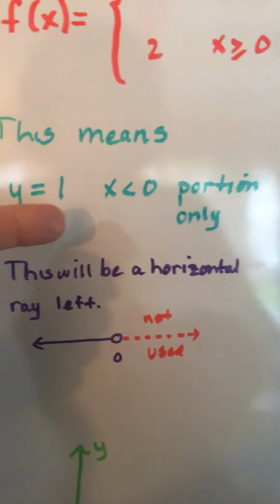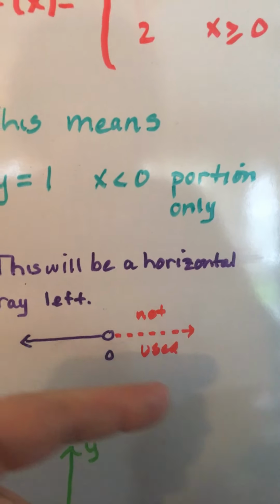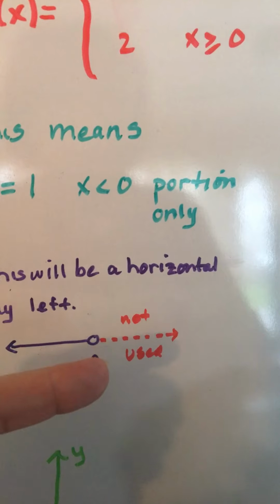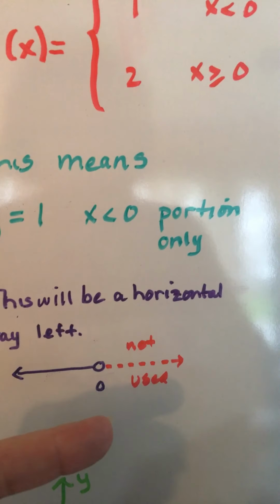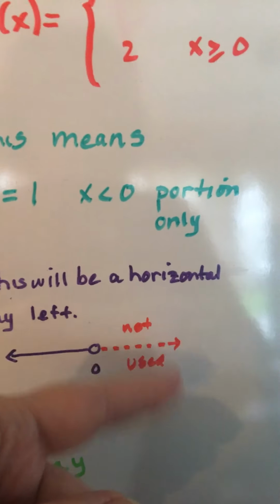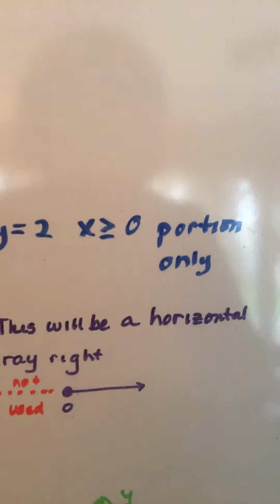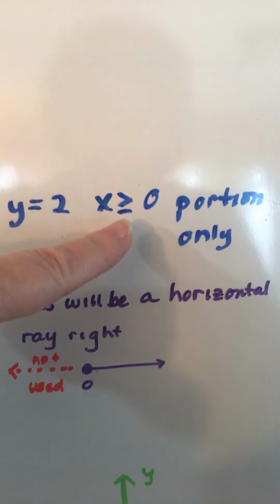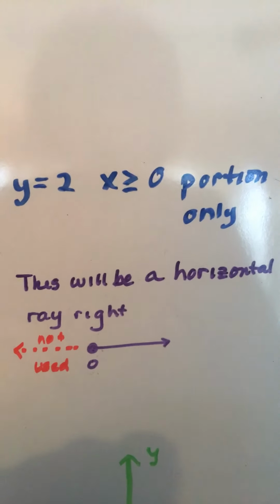And I know y equals 1 is a horizontal line. So instead of the whole line, I'm going to start at some point on the line, and it has to be an open circle. And I'm going to go straight left, and I don't need that portion. For y equals 2, another horizontal line, I only want the greater than or equal to 0 portion.